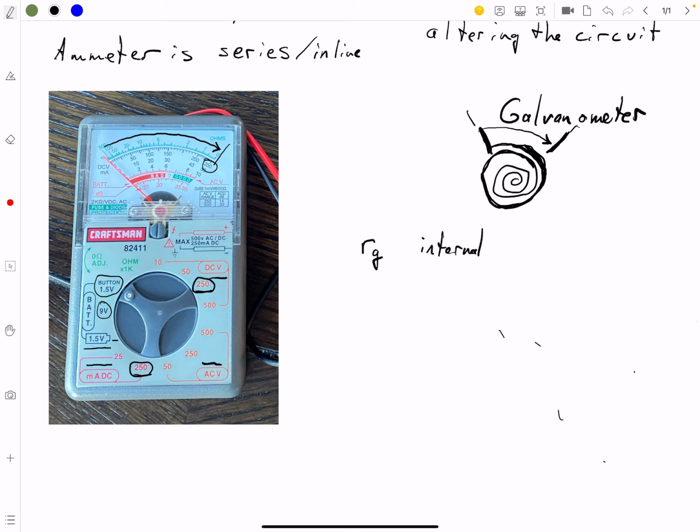Internal resistance, and IG is the current sensitivity.